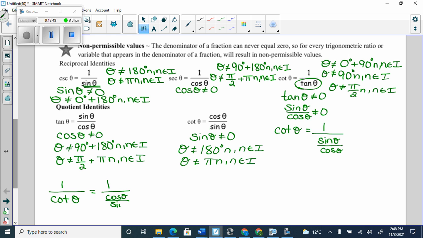So what NPVs would it have? The exact same as sine and cos for the tan one, right? So it would be every 90. So if this was a question, I would have theta can't equal pi over 2 n, n an integer, or theta can't equal 90 degrees n, n an integer. Right?